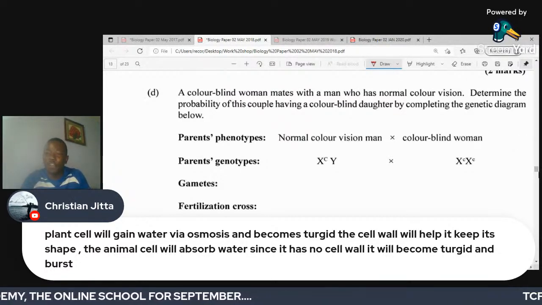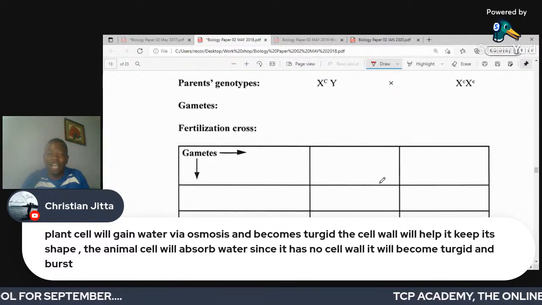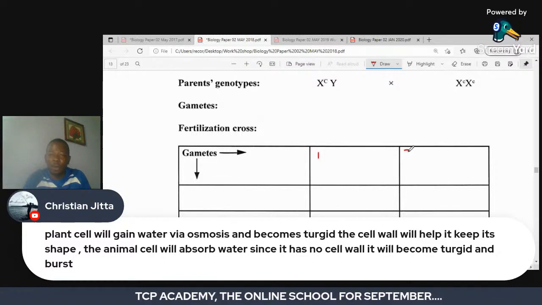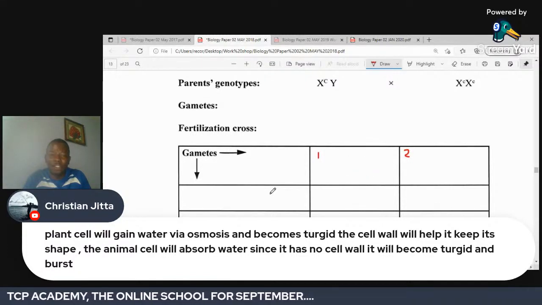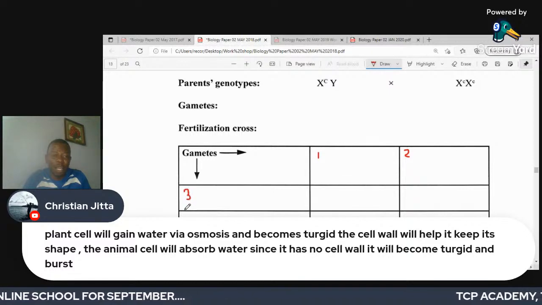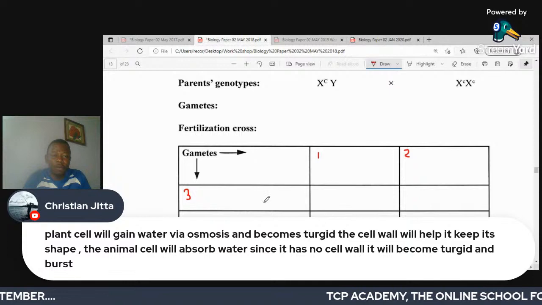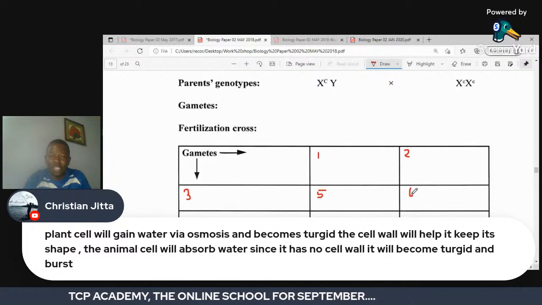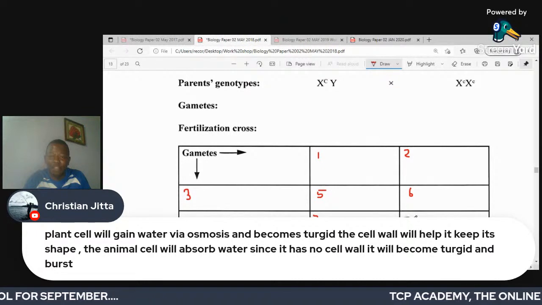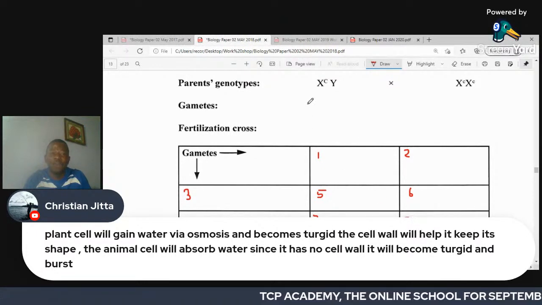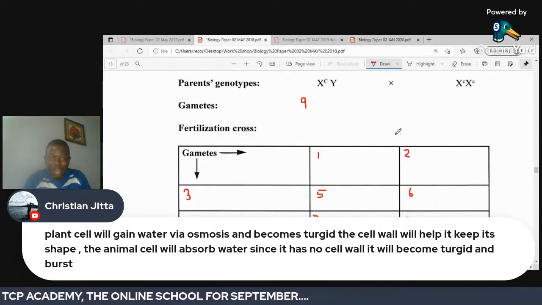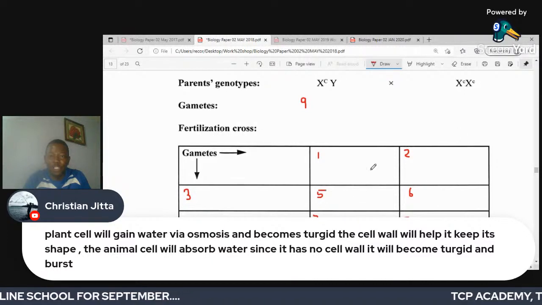I'm going to number that 1, that 2, this 3, this 4, that 5, this 6, this 7, and this 8. I'm also going to number here 9. So I'm going to make reference to those parts.